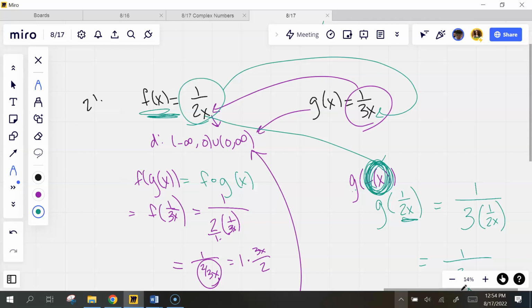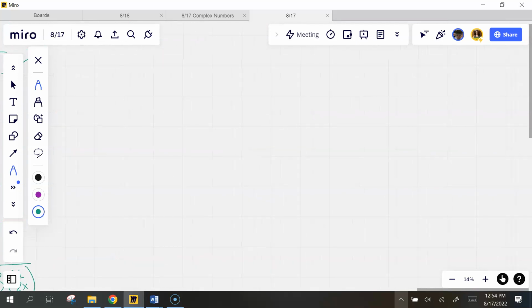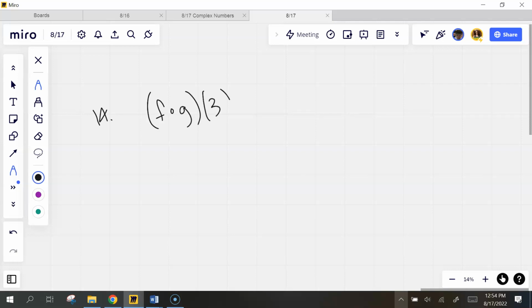Can you do one of the ones that's like the times 3 and the times negative? Which one? Number 14 asked me to find f of g of 3 and then g of f. These are just straight algebra 2 problems.